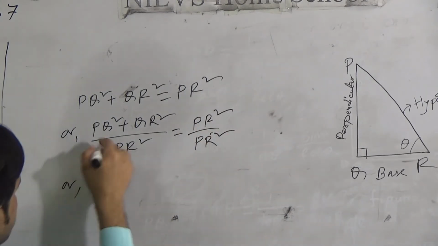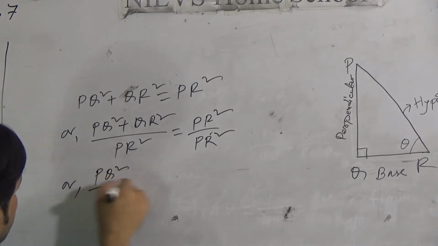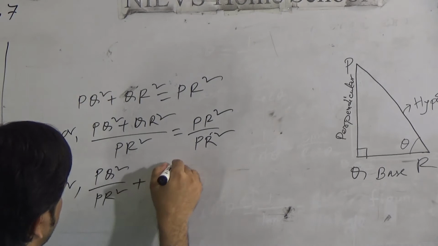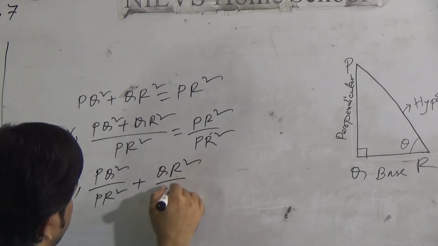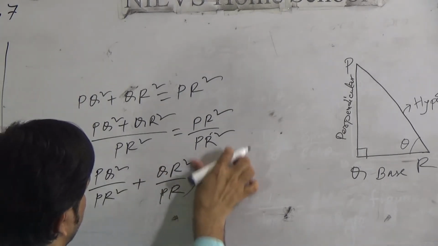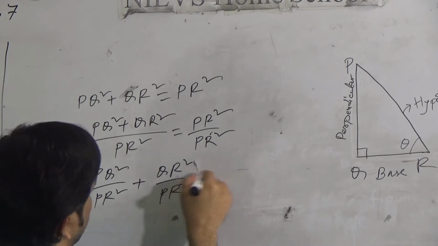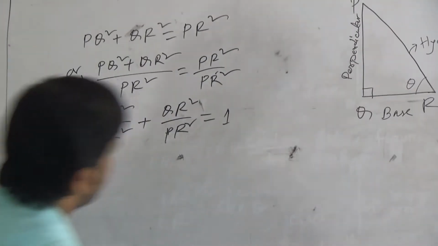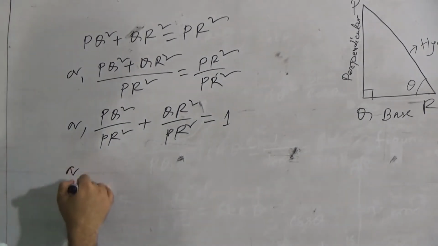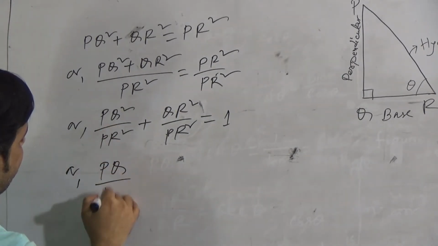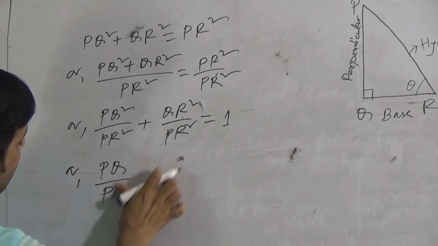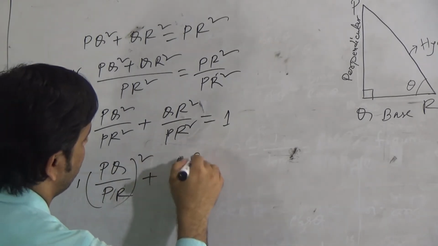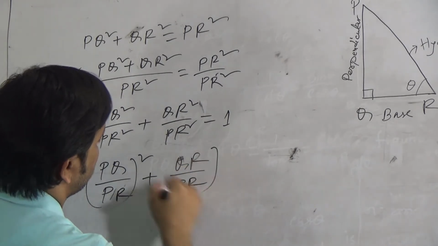So we get PQ square divided by PR square plus QR square divided by PR square equal to 1, as PR square vanishes each other. Now we can write this as PQ by PR whole square plus QR by PR whole square.